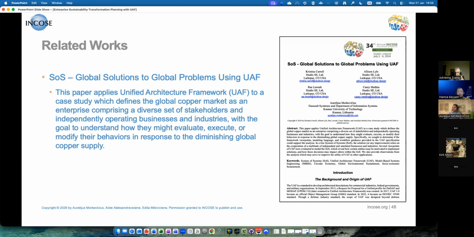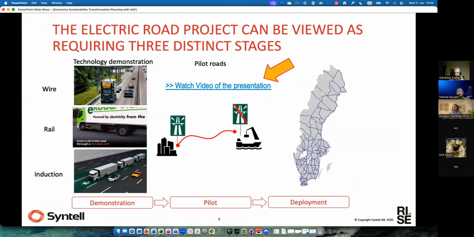So you can have a look at it. This is an interesting study. Not so much on the modeling, as what I showed you today was really heavy in modeling, but this study is more about the strategic drivers and challenges rather than modeling the full UAF scope.